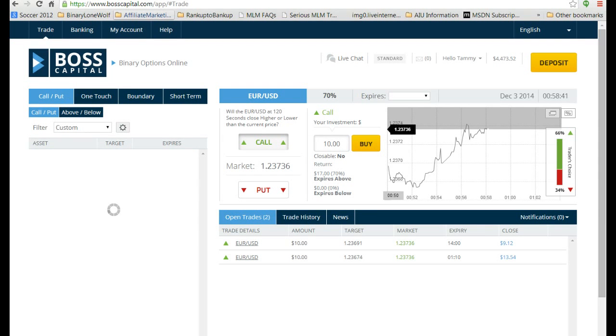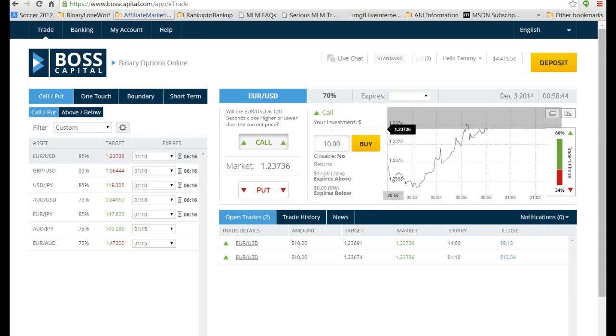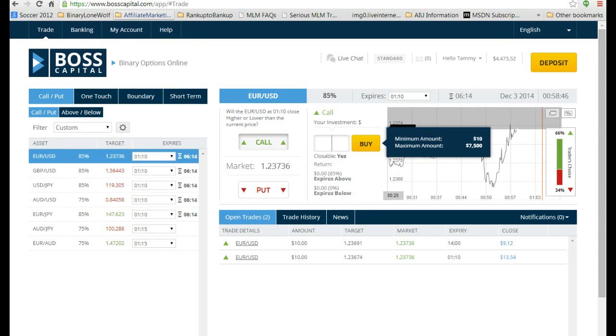The benefit of the longer trades, obviously, is the payout is higher. The payout is about 85%, and you can close the trade earlier. However, if it does not win and you held out without closing it out early, you would not return any money. So just keep that in mind as well.